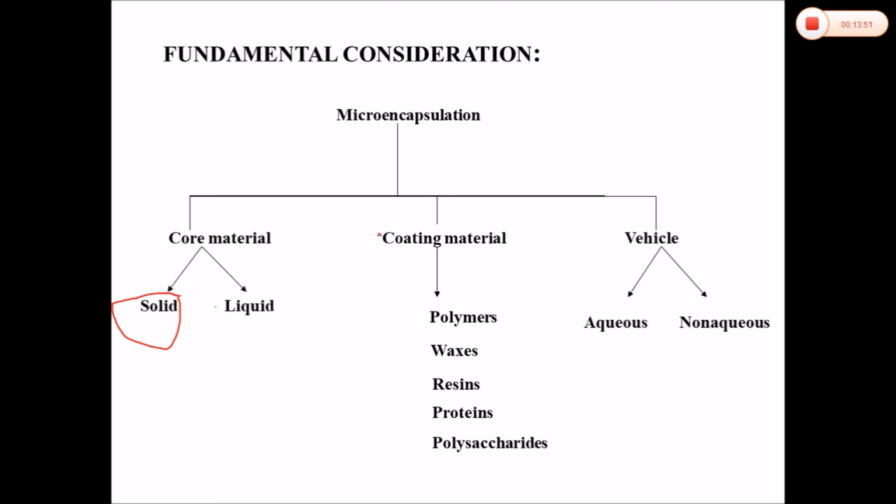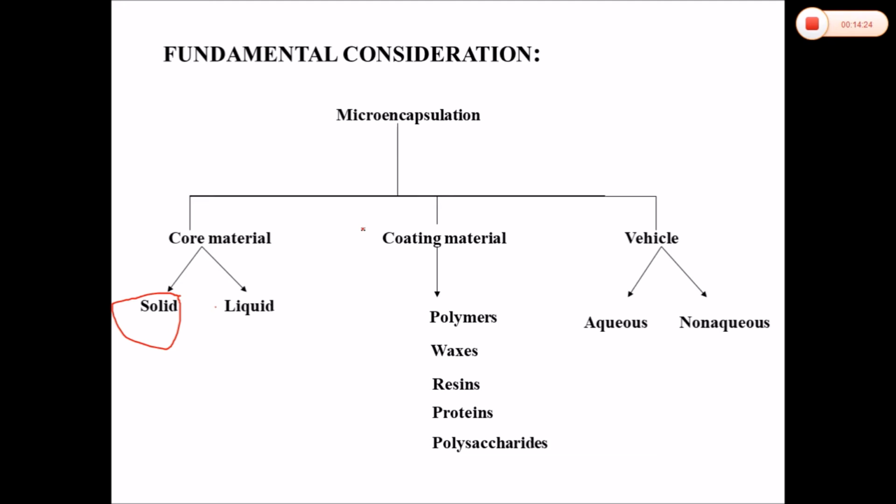So basically the purpose of encapsulations is for taste masking, or for sustained release, or to reduce gastric irritation, or for stabilization, or reduction of volatility. So basically first we will know, before using the coating materials, for what purpose we are providing the coating, or what purpose we are converting them.